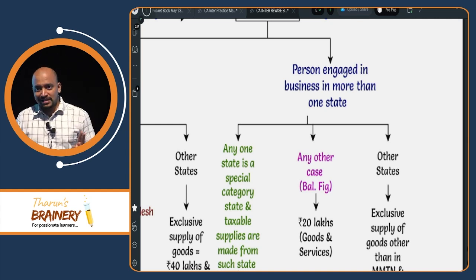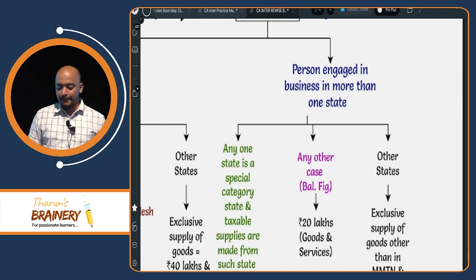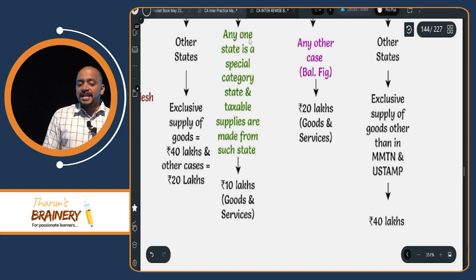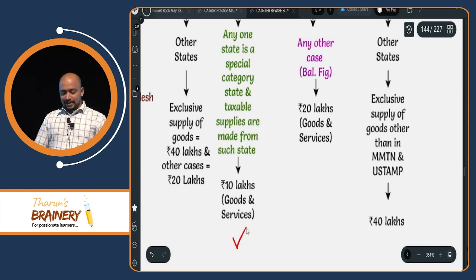Both the conditions should be satisfied. If these two conditions are satisfied, the limit will be 10 lakhs, let it be goods or services. That's the first point.